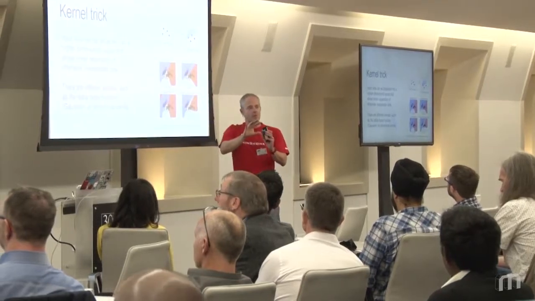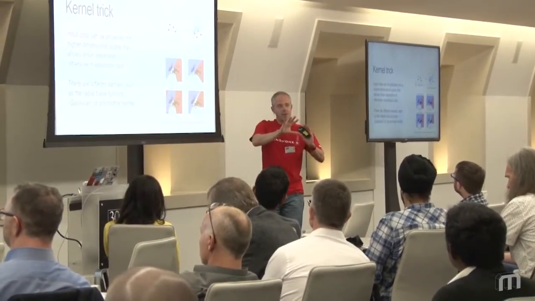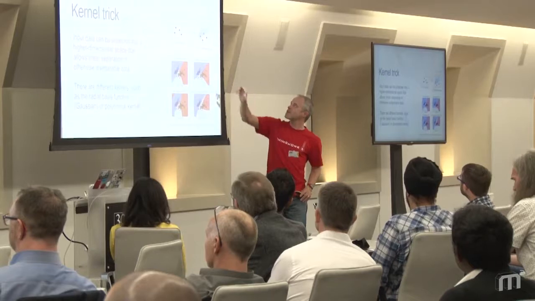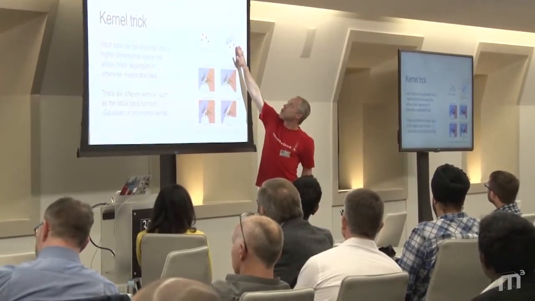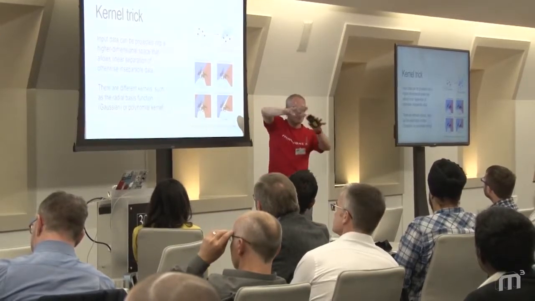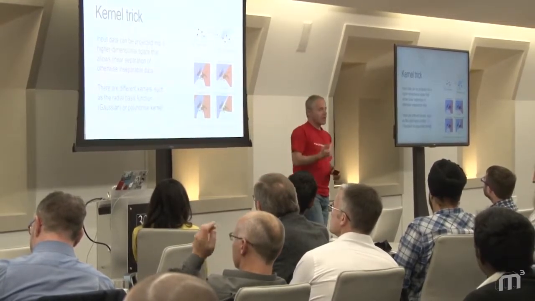But then, if you would, by some mathematical magic, project those points into a three-dimensional space, then you'd be able to draw a plane between those and separate those dots again.